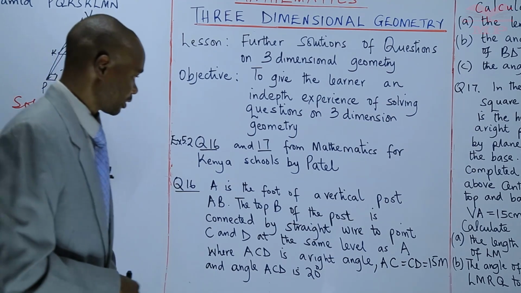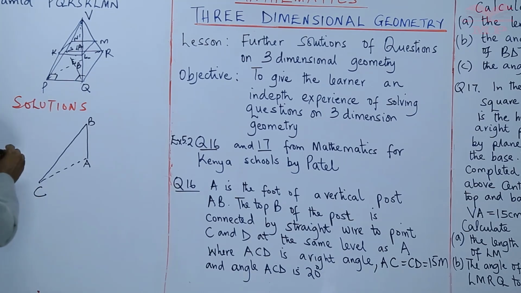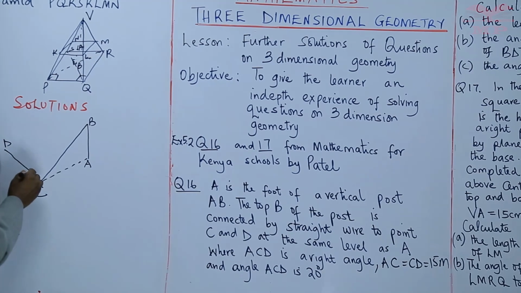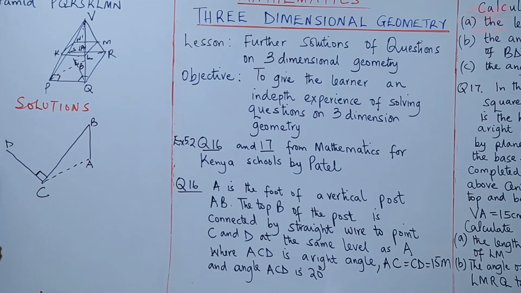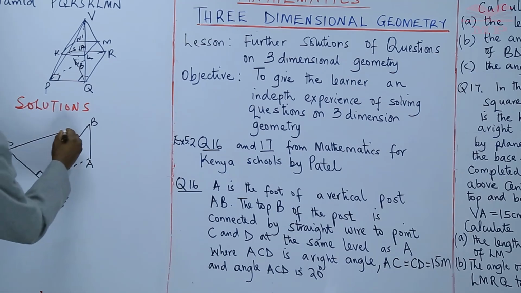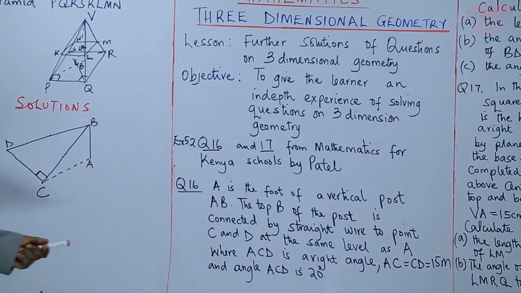Where ACD is a right angle, there is a point D there. You are told this is a right angle, come rain or shine. This is also a wire. So this is a wire and that is a wire, these are the two wires. Is there anything else given?